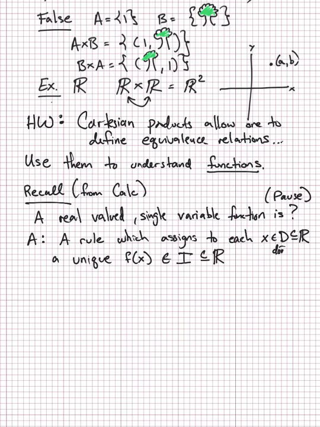So this is the domain, and this is the image. And I haven't said anything about whether this function's continuous or not, so we don't have to worry about any of that. The only important thing that we care about is that the function spits out a unique element in the range. Okay, so yeah.